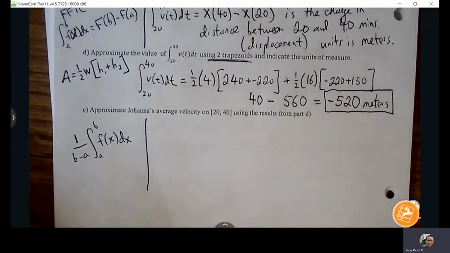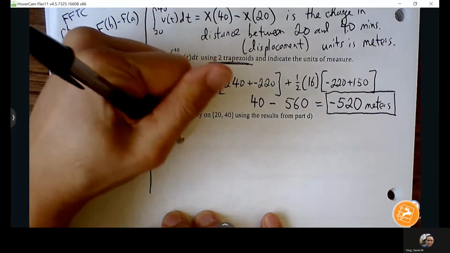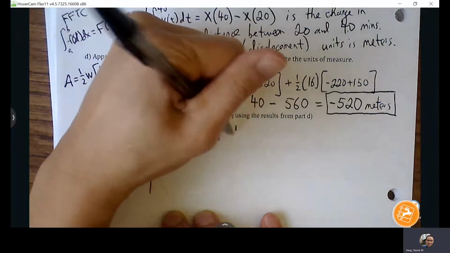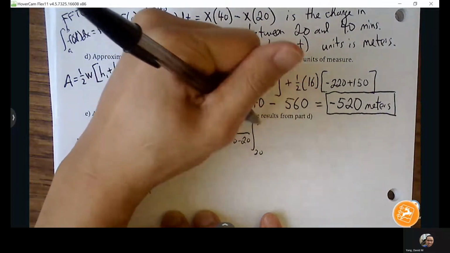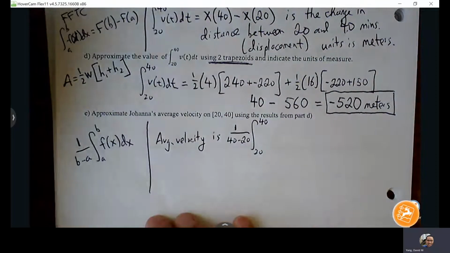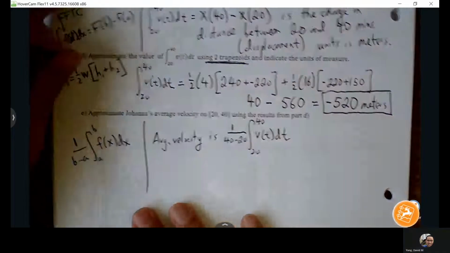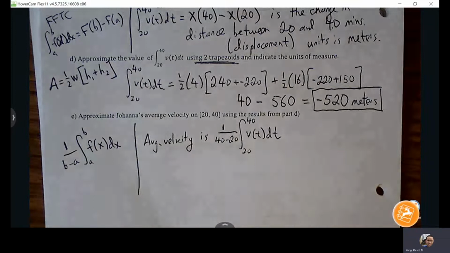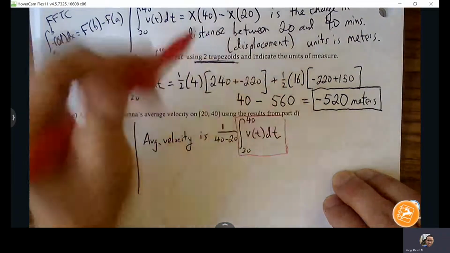F of x is your V of t. Okay, we can replace this piece with part D, right? We found an approximation of this using part D.